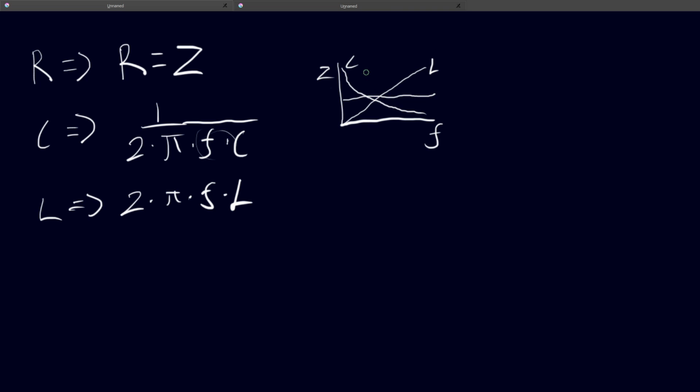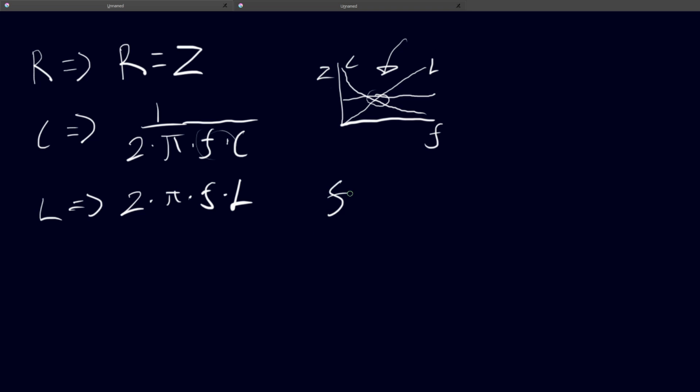Now you would notice that there is a point in this graph where the impedance is at its lowest, and that would be somewhere right here. This point is called the resonant frequency. Sorry for that pronunciation, I've done many takes of this and I've never been able to say it right, so I'm just going to let it be.